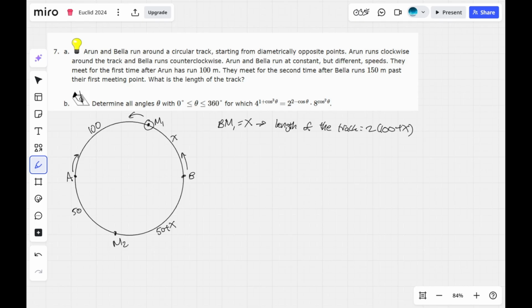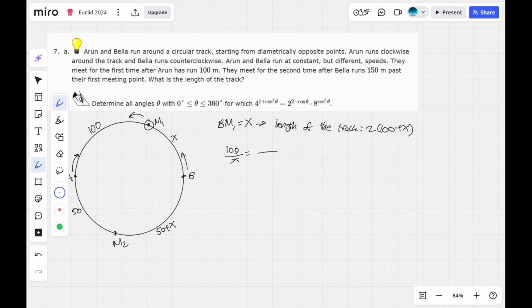So now we have 4 lengths, and we know that Arun and Bella run at constant speeds, so we can take ratios to find x. For the first meeting point, 100 over x is the ratio of Arun to Bella's speeds, and this is equal to the second meeting point.